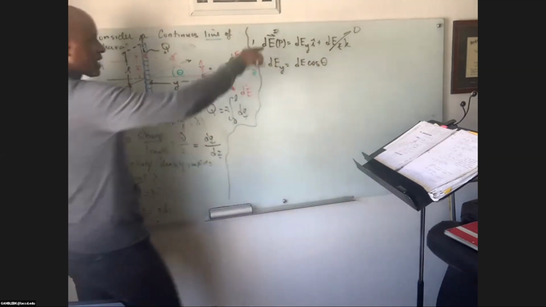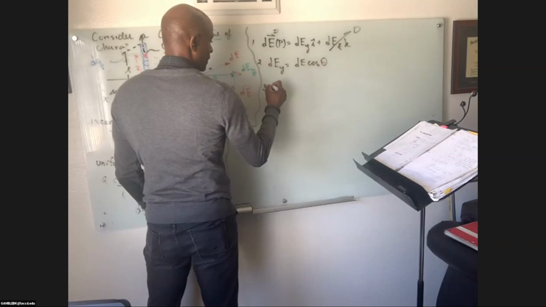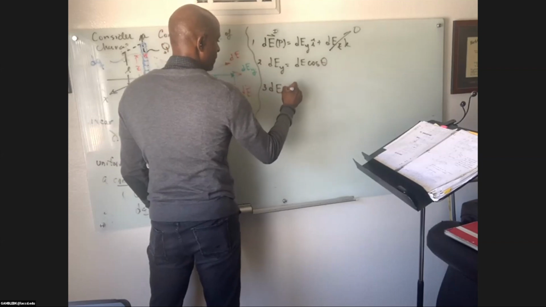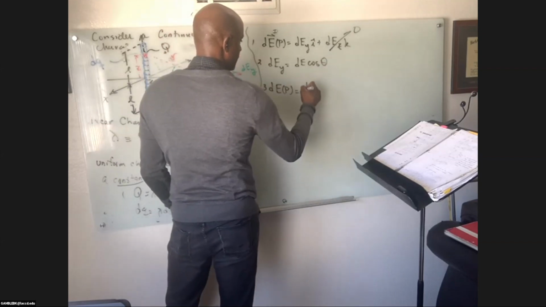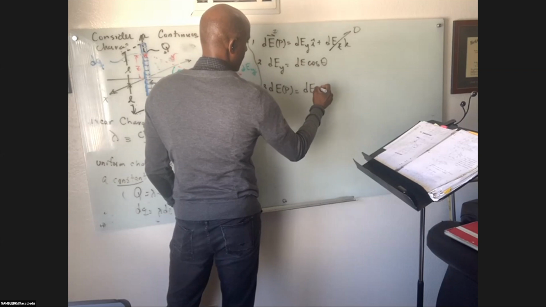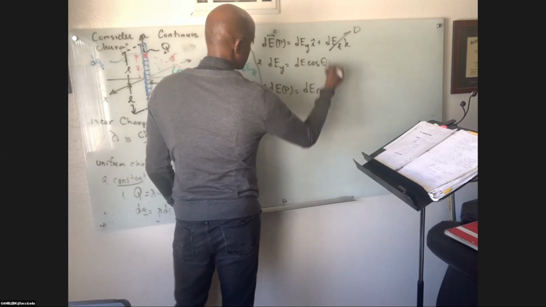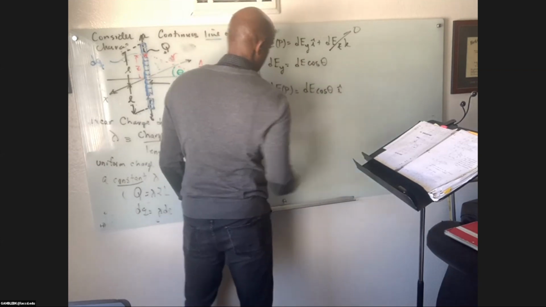I'm going to stick that in here so that dE at P is equal to dE times the cosine of theta, times unit vector i.